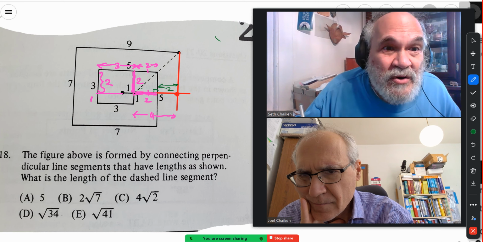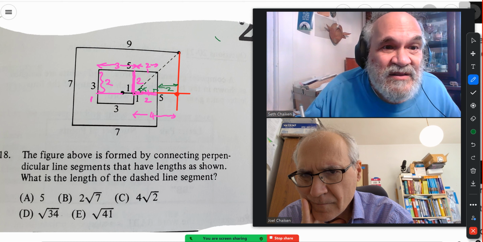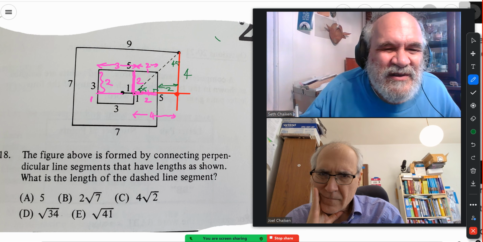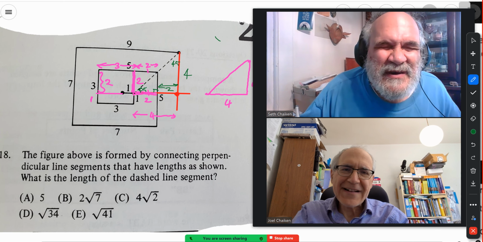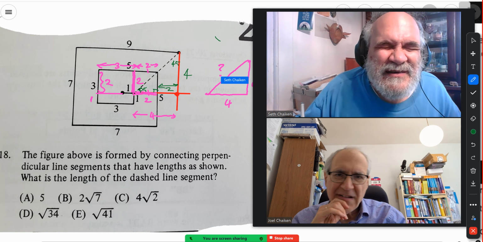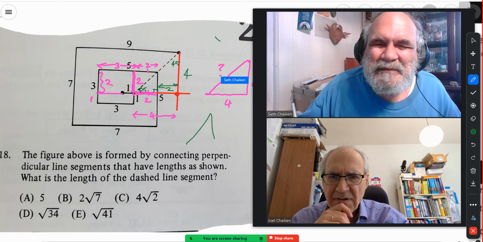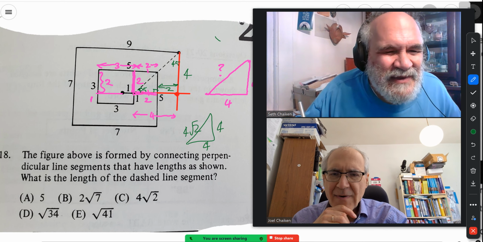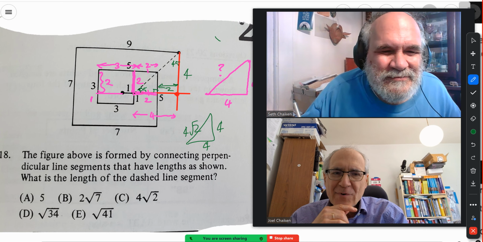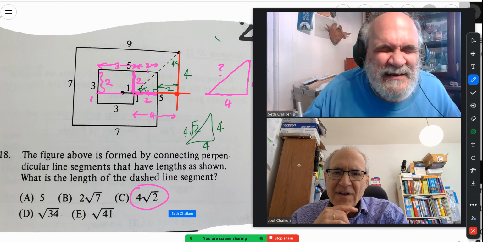Right. So we know that this triangle is 4 by 4. You maybe went outside. You got to move over to the left. Right. I'll help Seth. So it's 4 times the square root of 2. That's knowing something about the 45 degree right triangle.